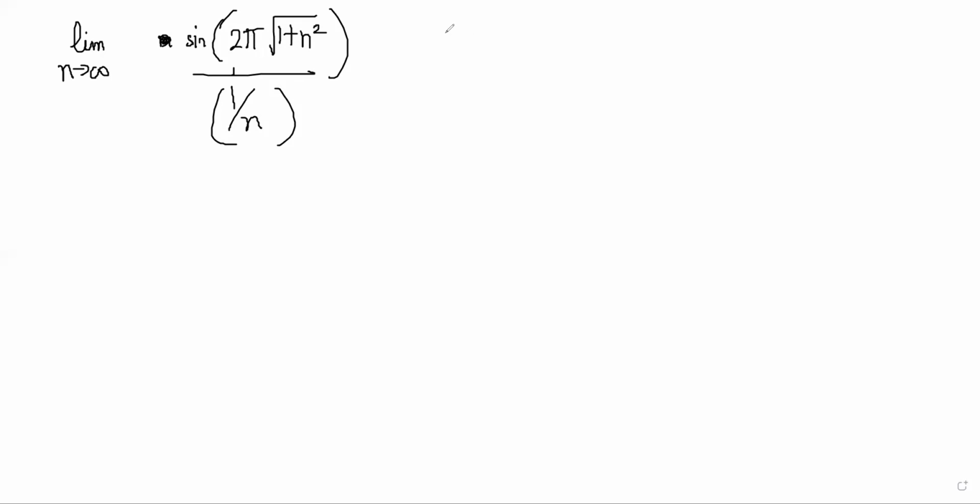But we can check it once by doing the expansion for sine, right? Sine x is x minus x cubed by 3 factorial plus x power 5 by 5 factorial. This is the expansion of sine. So sine of this thing will be... n tends to infinity, it's totally weird.